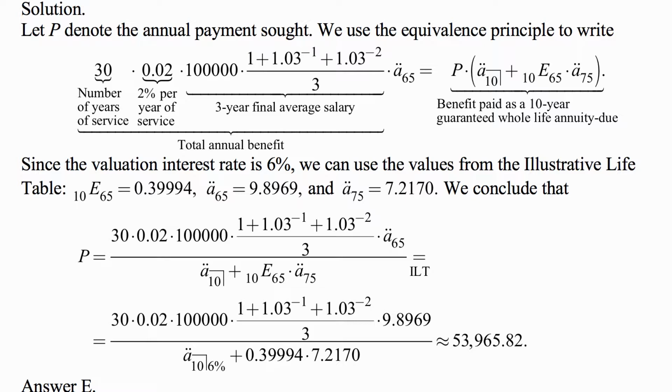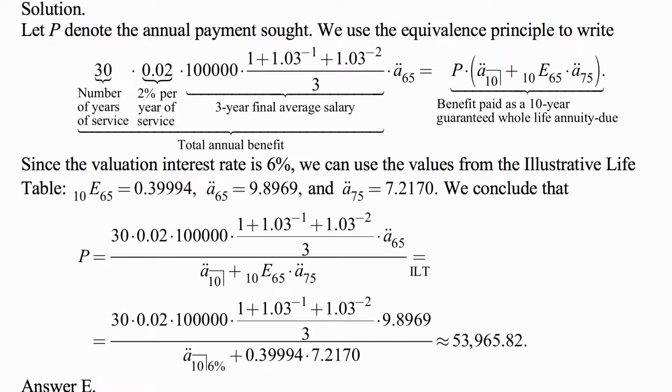And we use the equivalence principle to write on the left-hand side the total annual benefit times ä65, the actuarial present value at the time when he retires, discounted from the future because we multiply it by ä65.